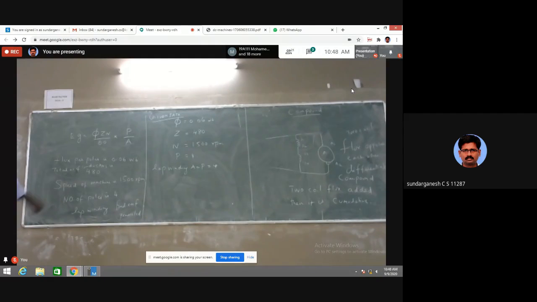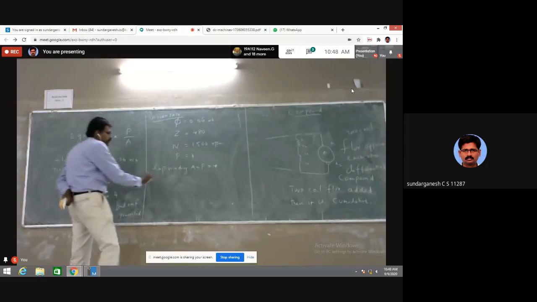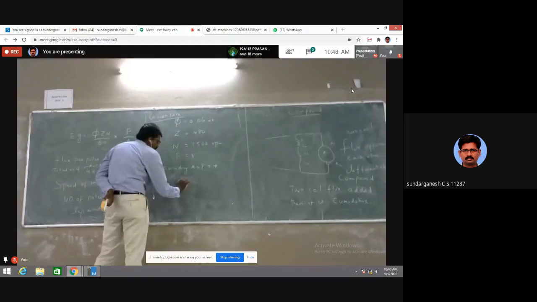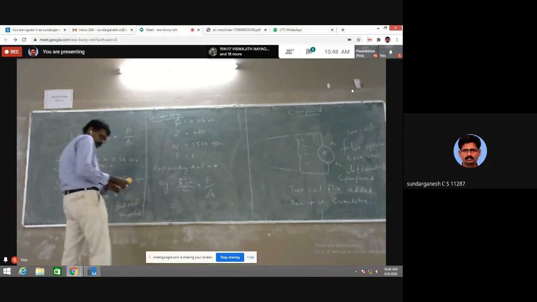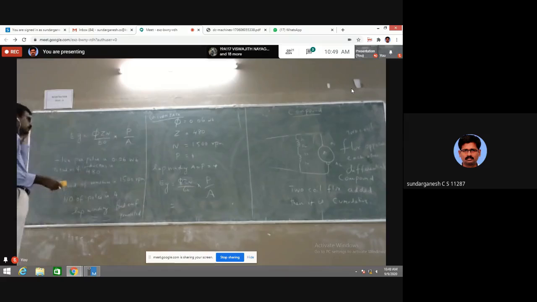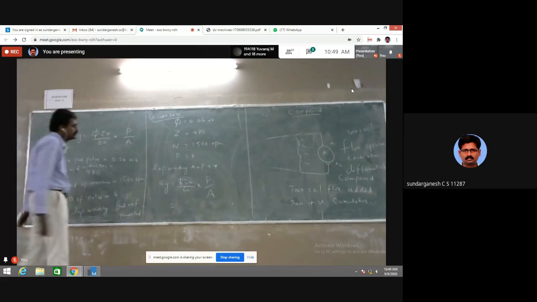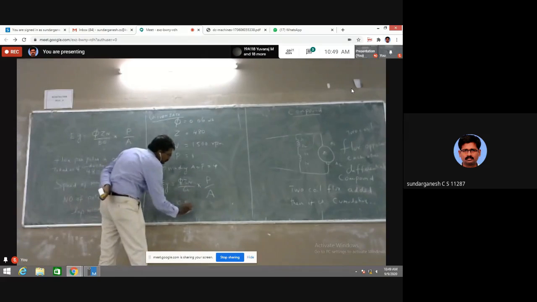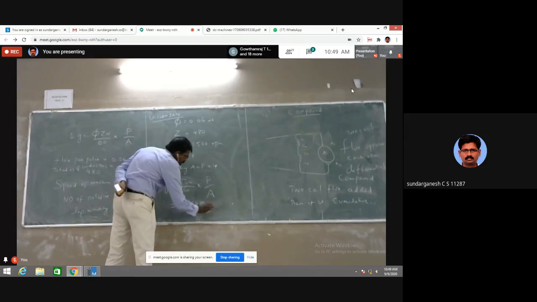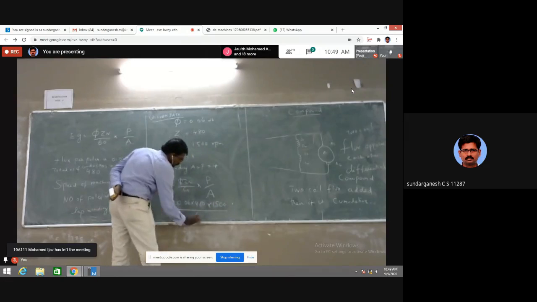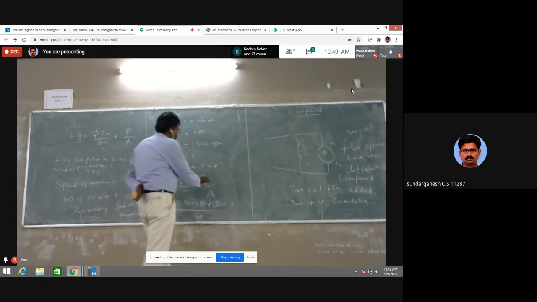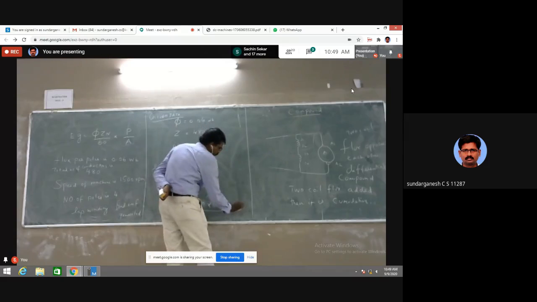Now we have taken all the data from the sum. Then you have to apply it in the formula. Eg equal to, first I am writing the formula, phi Z N by 60 into P by A. So phi is 0.06, Z is 480, N is 1500, 60, P is 4, A is also 4, so 4 by 4.